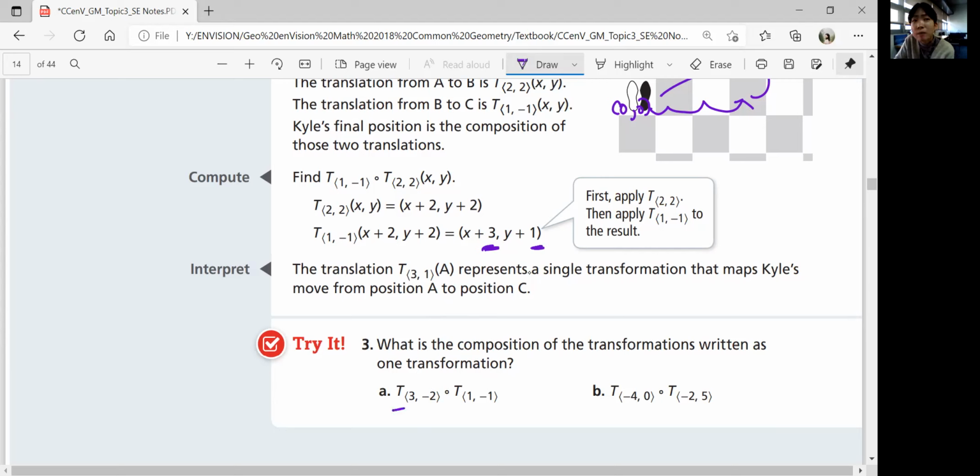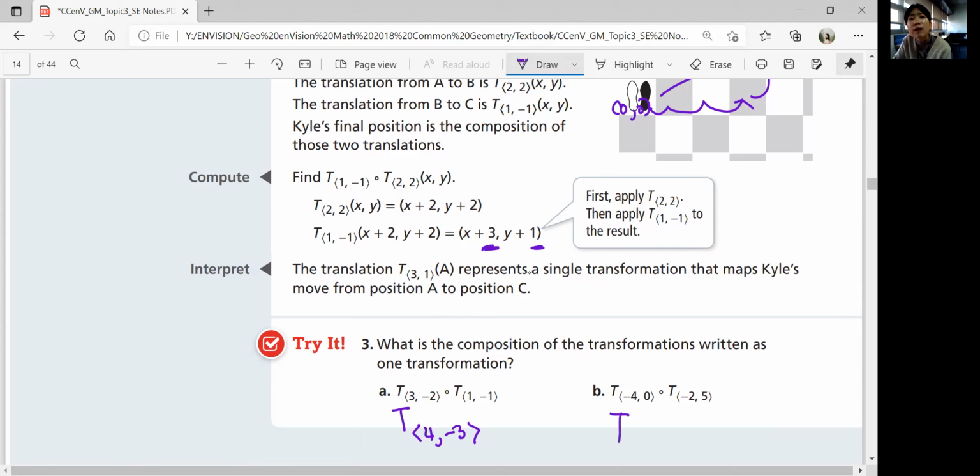Does that make sense? So you're going to have 4 units total. Then -2, you go down 2 units, then you go down 1 unit again right after that. Then you have a total of -3 movement.